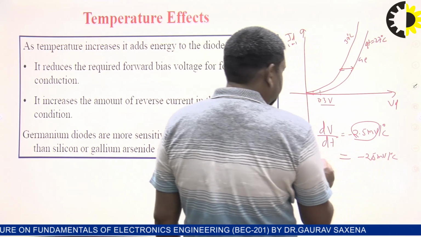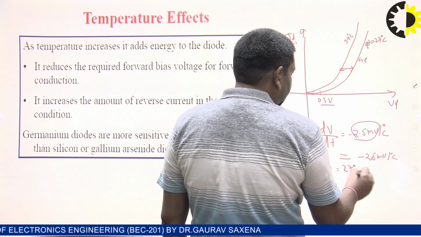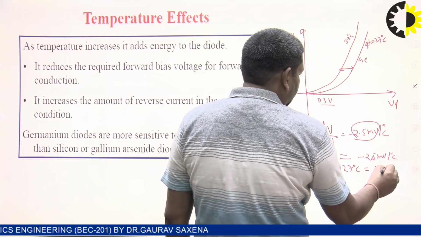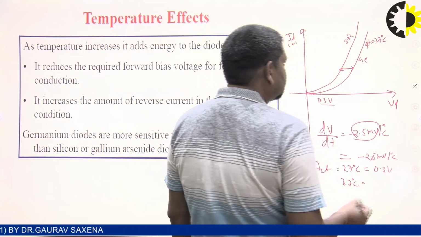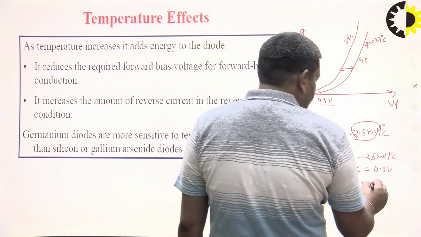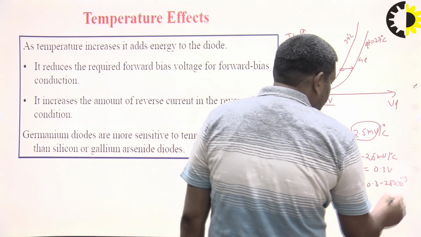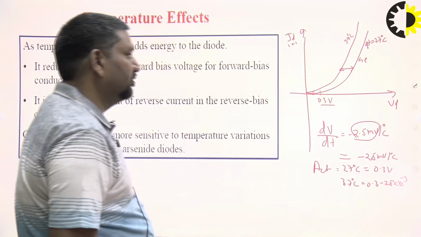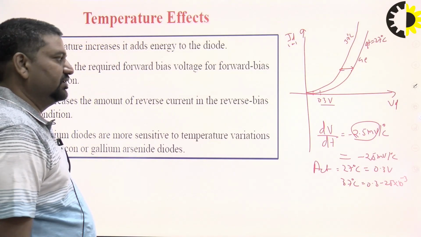The actual cut-in voltage at 27 degrees is 0.3 volts. At 37 degrees centigrade, with the fast breaking, it is 0.3 minus 25 millivolt. This is the new cut-in voltage of that particular diode. So this is the temperature effect on VI characteristics in forward bias condition.